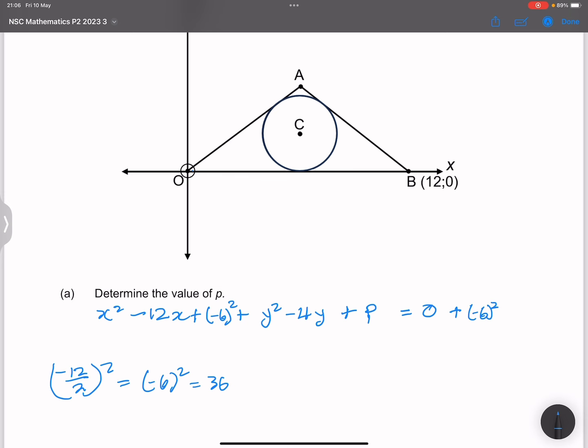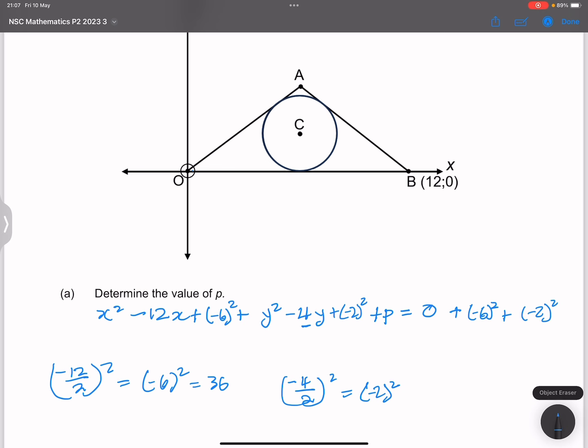And let's do the same for y. We're going to take negative 4y, so that's negative 4 over 2 squared, which gives us negative 2 all squared. So I'm going to add that, plus p. But remember, what I do on the left, I will also do on the right, so that's plus negative 2 squared.